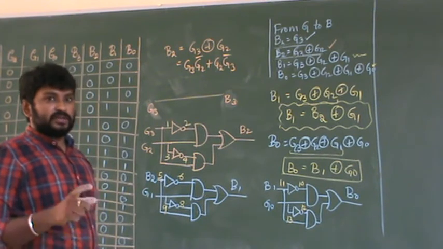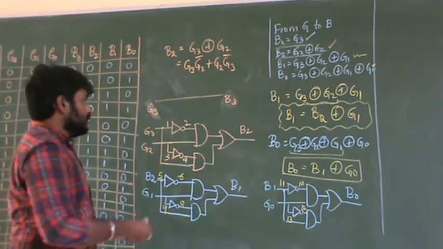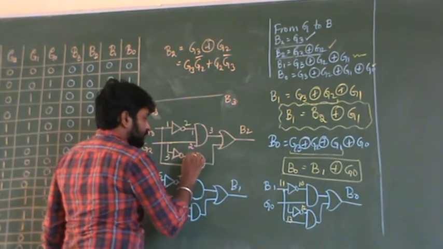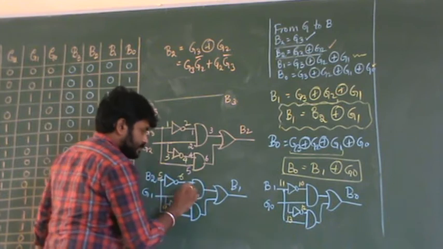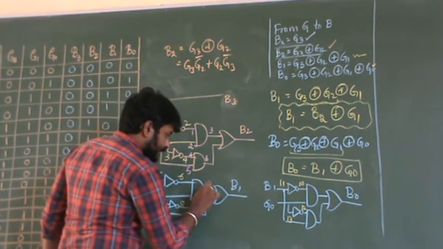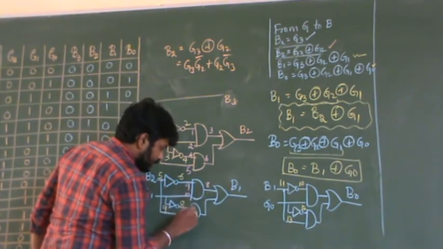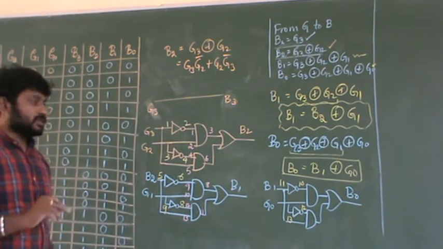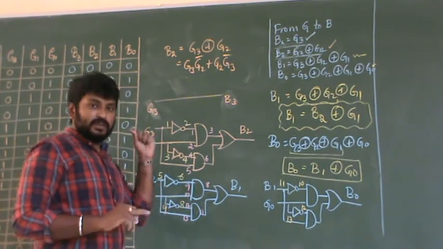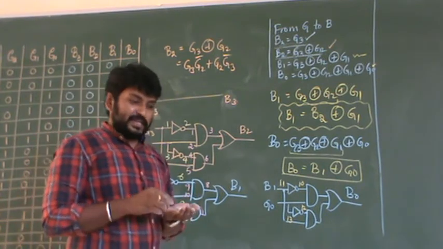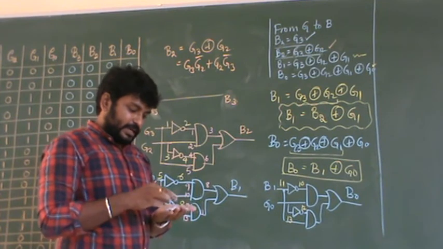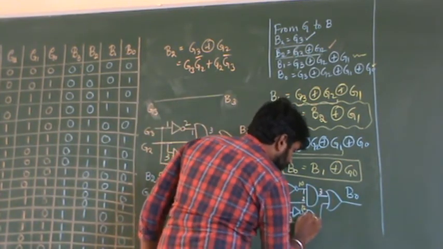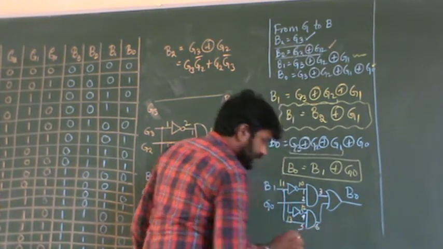You want 2, because in one IC only 4 AND gates are available. So 1, 2, 3, 4, 5, 6; 7 we are not using; 8, 9, 10, 11, 12 and 13. This much you are using from the first IC. Using the second IC, you should again start from 1: 1, 2, 3, 4, 5, 6.